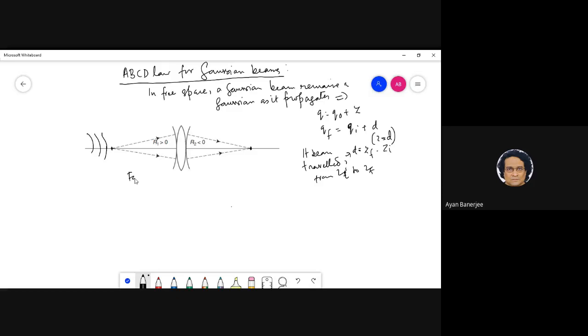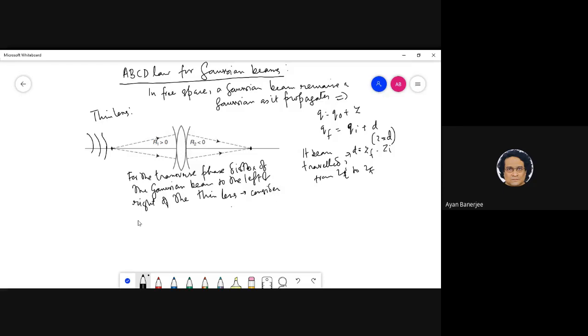So for the transverse phase distribution of the Gaussian beam to the left and right of the thin lens, we are doing a thin lens.